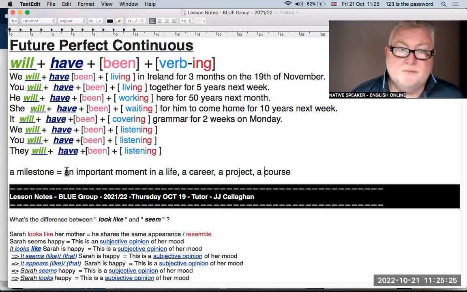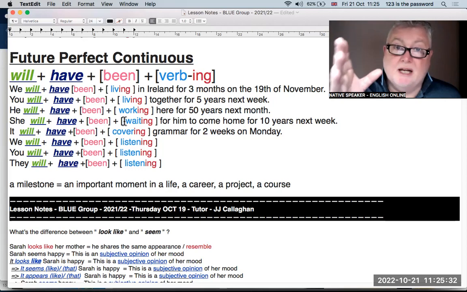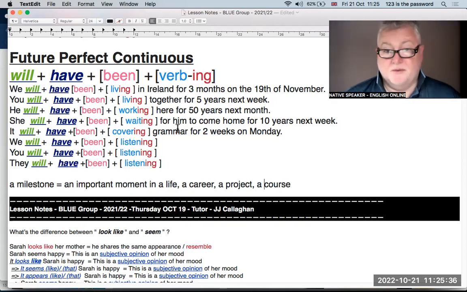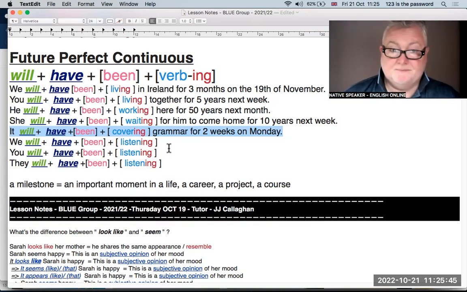The future perfect continuous looks at milestones that will occur in the future. Sometimes it's small things. Usually though, they're big things like a cycle in a life or career being complete.